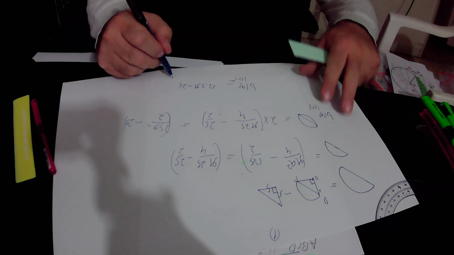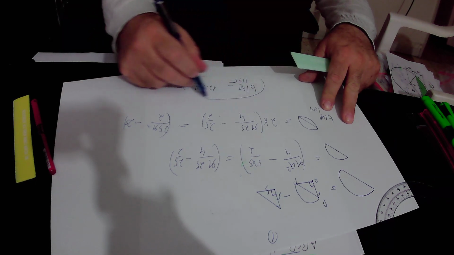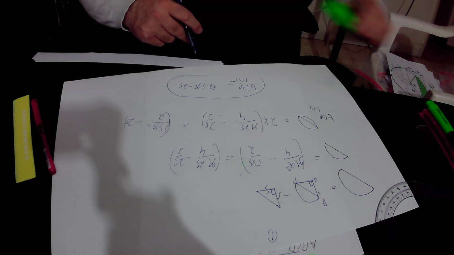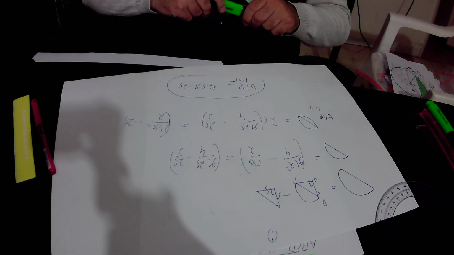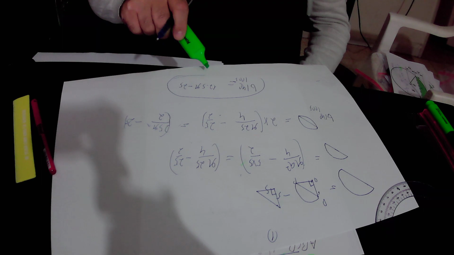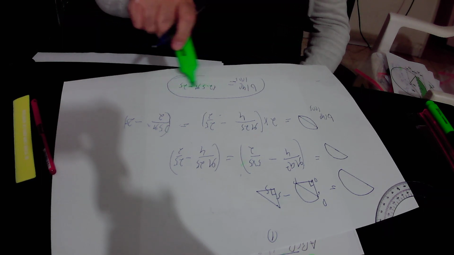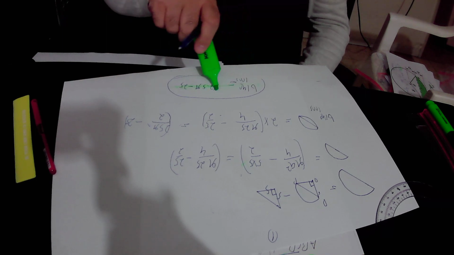In conclusion, the area of the blue lens equals 12.5 pi minus 25 square units.